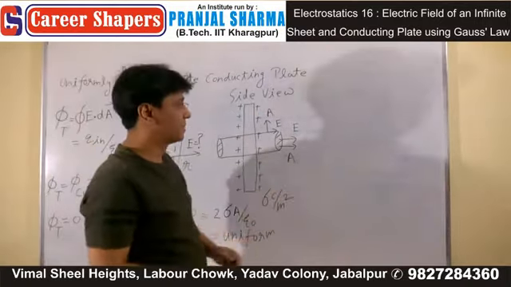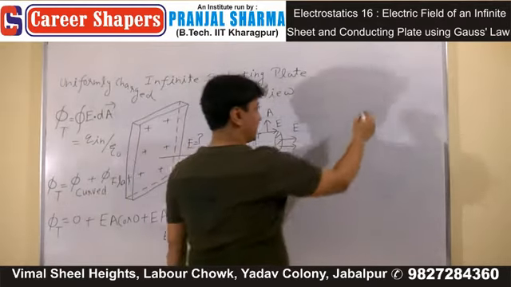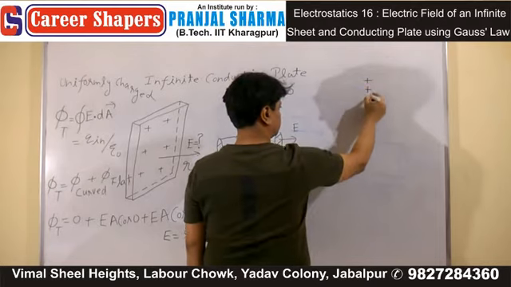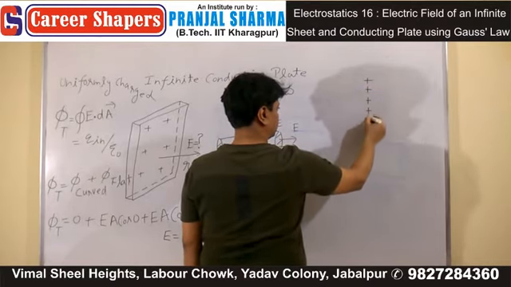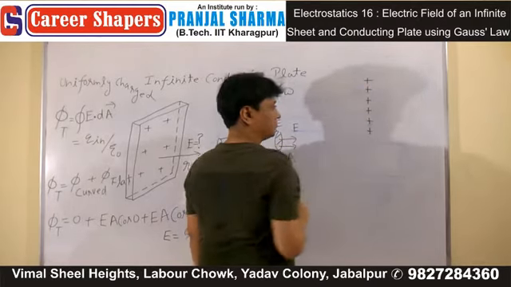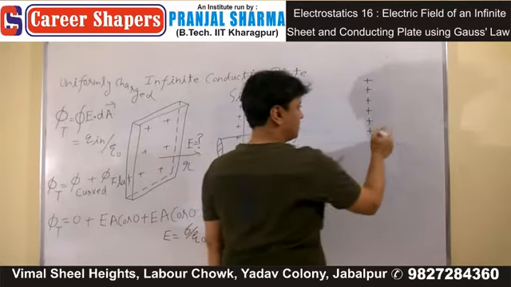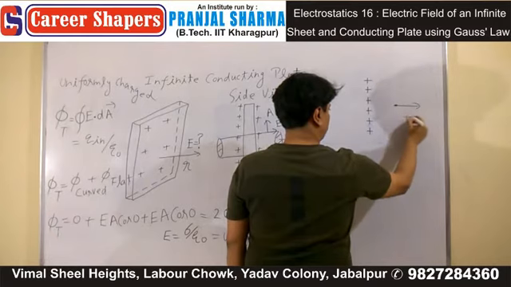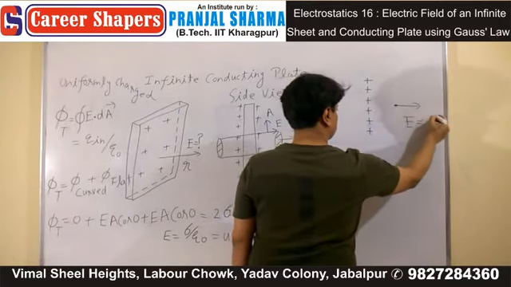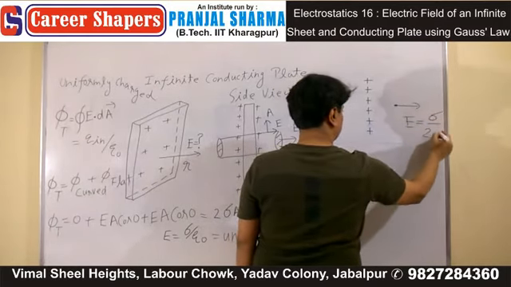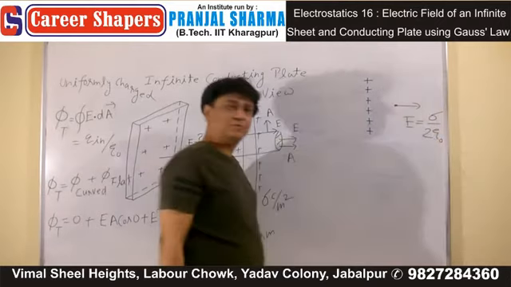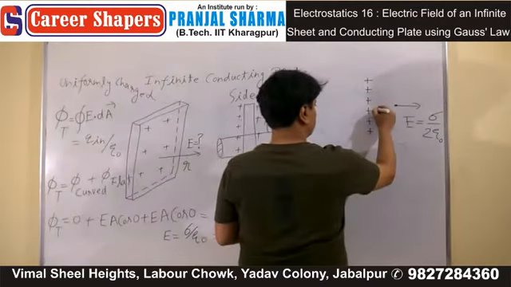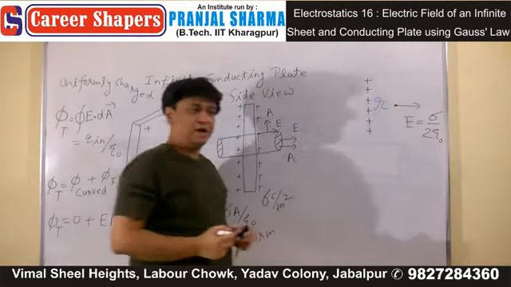So here, this is your infinite sheet of charge, and your electric field is given by sigma upon 2 epsilon 0, and this electric field is independent of R.